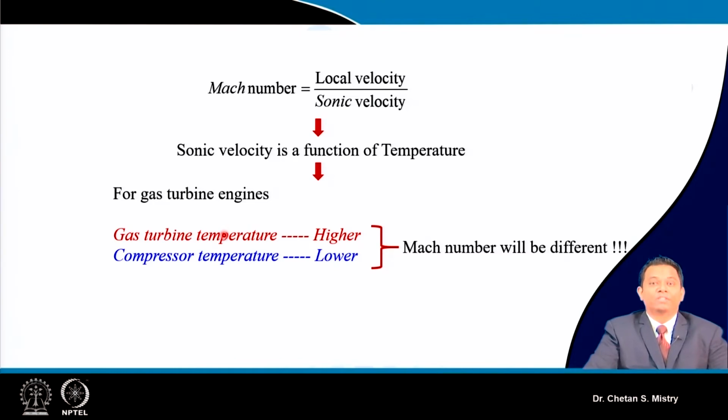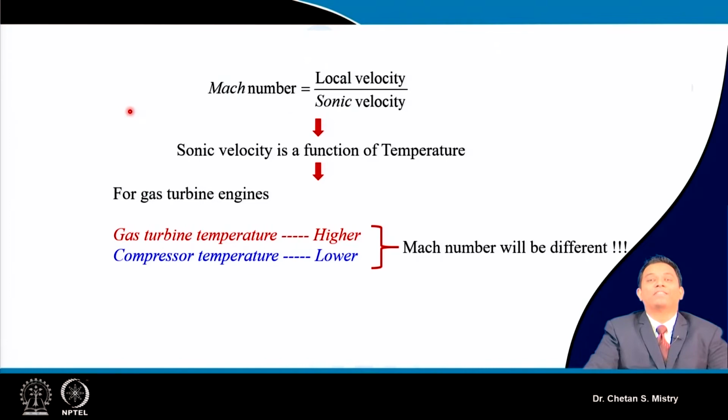So we have acceleration of flow, which can give a thermal choking condition, where the flow is accelerating. That means the local velocity at that point is higher. But based on this definition, the flow is subsonic. So that is a discrepancy.